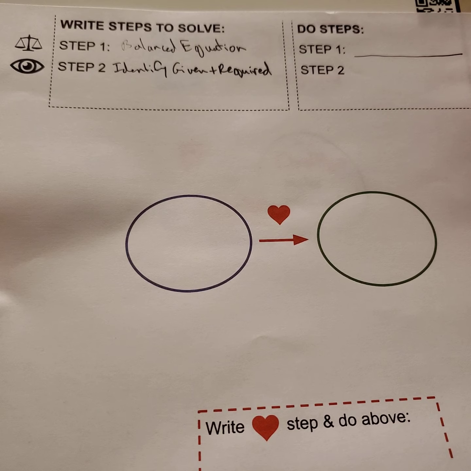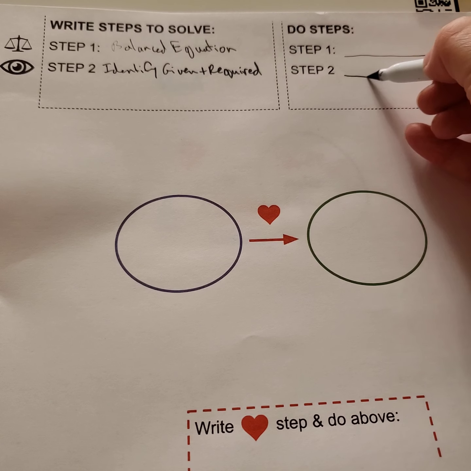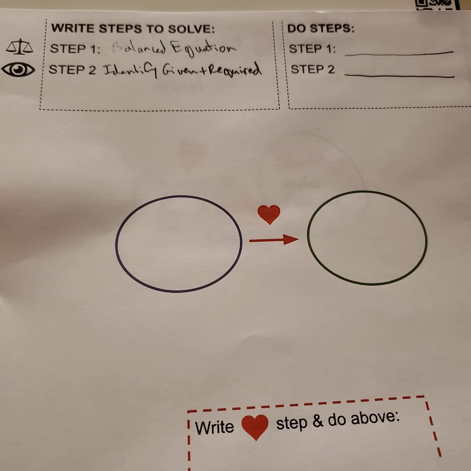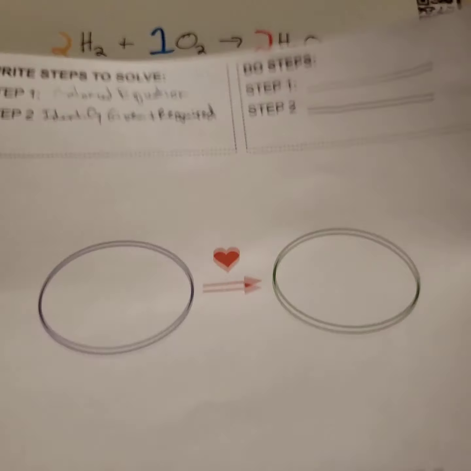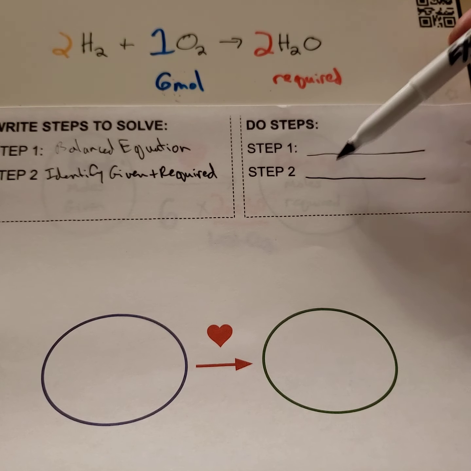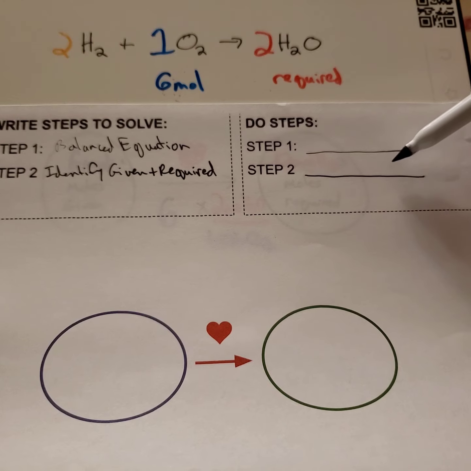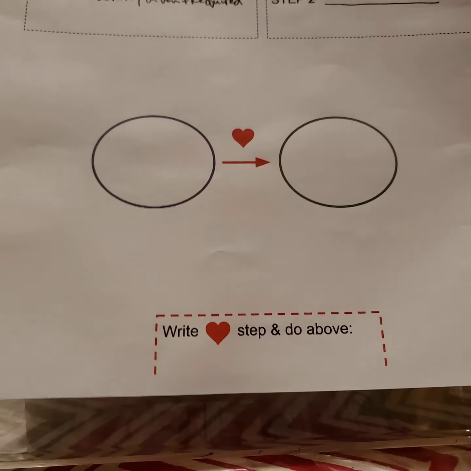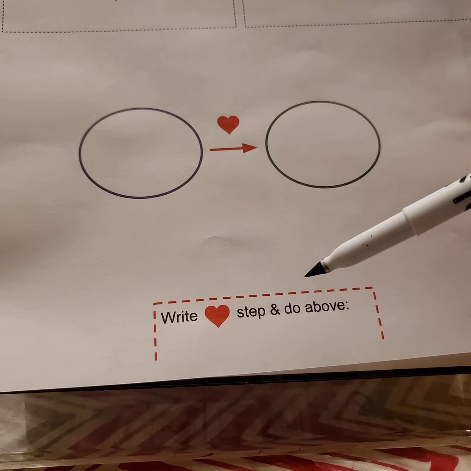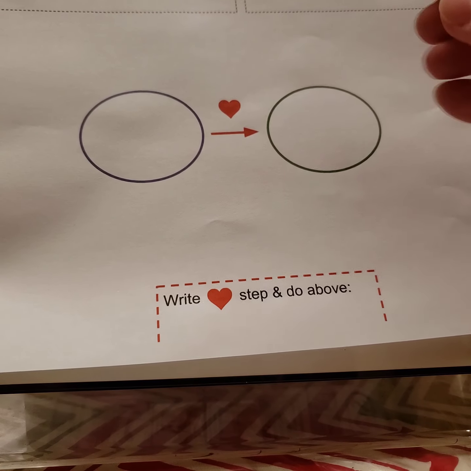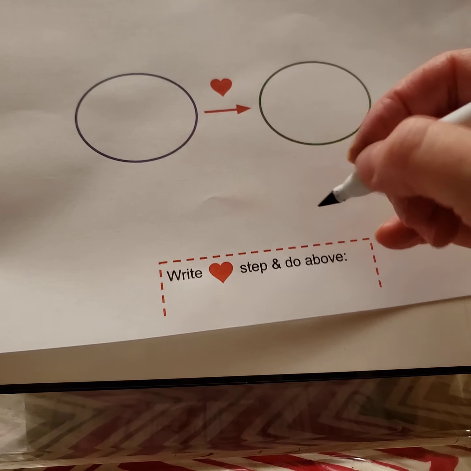So this would be where you put your balanced chemical equation. This would be where you put your 6 moles of hydrogen, that was given in the last one. So you'd write in your 6 moles of hydrogen and you're required to find out the moles of water. And then the step down below there is to simply convert through.